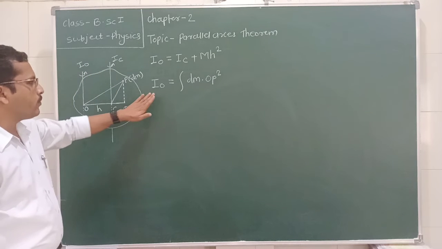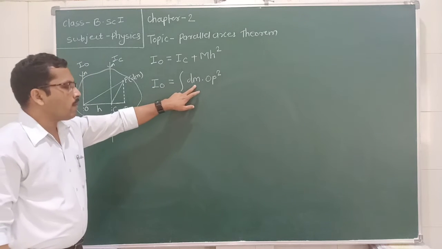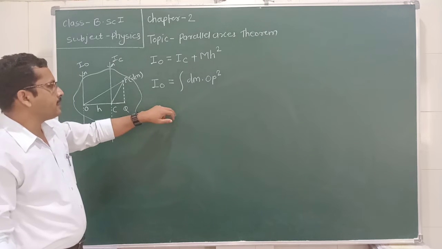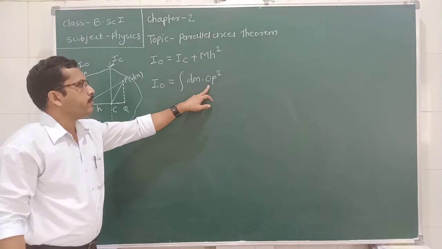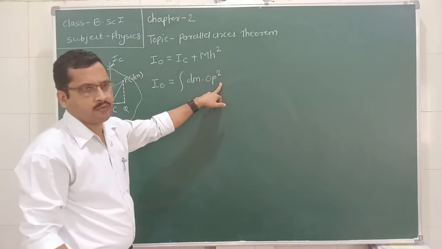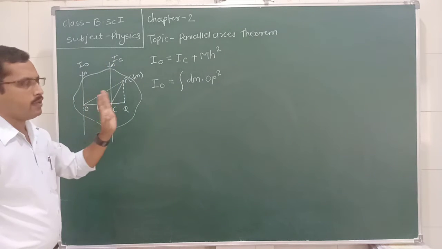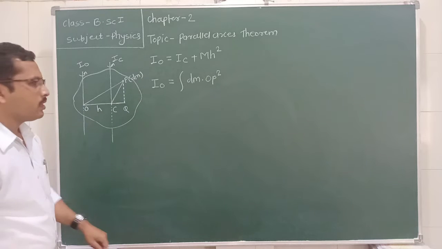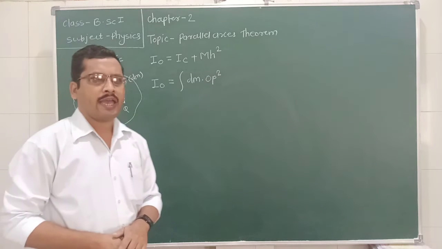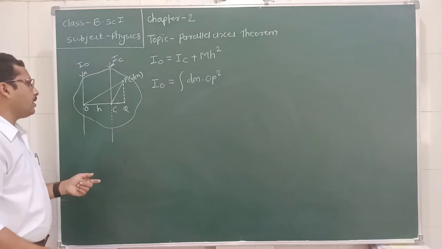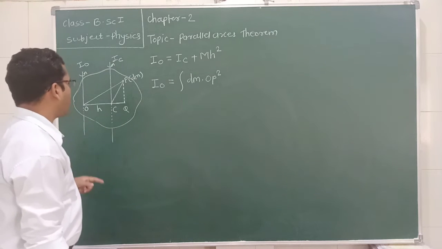So the moment of inertia of this mass dm about an axis passing through point O is equal to dm multiplied by OP square, where OP is the distance between point O and point P, or mass dm. Now, as we see from the diagram, we can use the Pythagoras theorem.